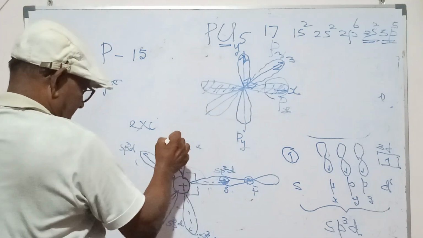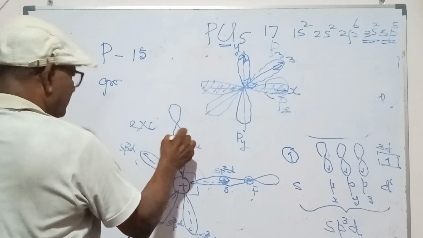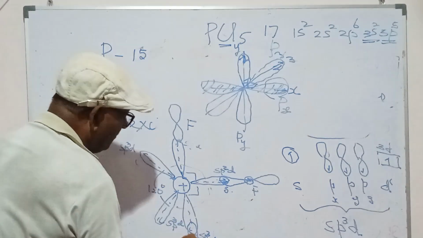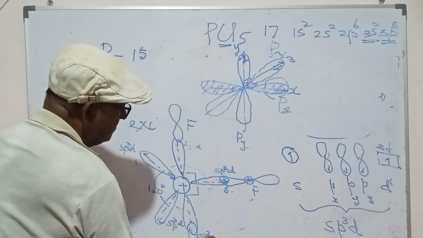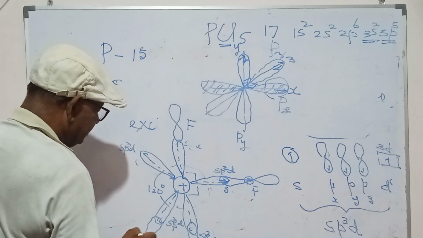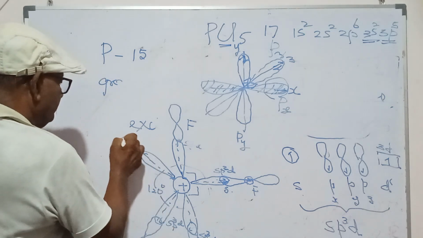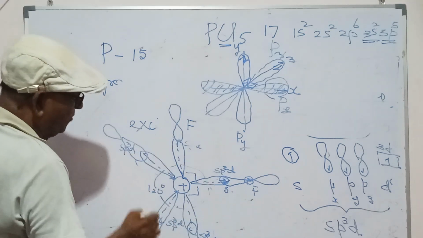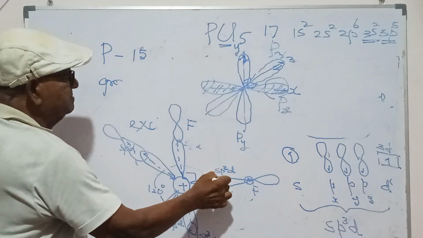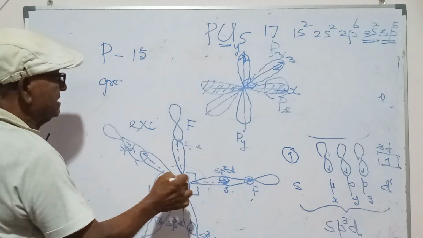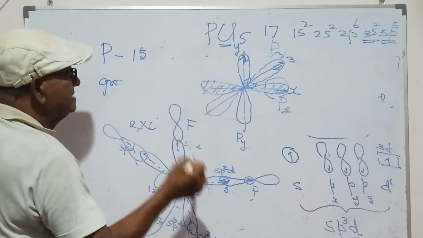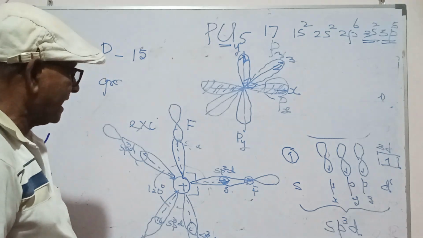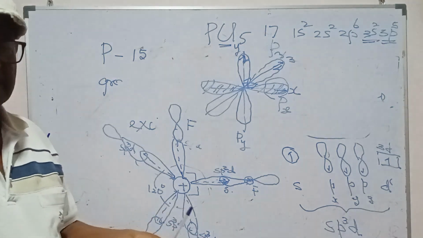Similarly, other atoms are possible to form like this. One, two, three, four, 5. All are sigma covalent bonds with the phosphorus nucleus, 5 chlorine atoms. This is the arrangement of the molecule.